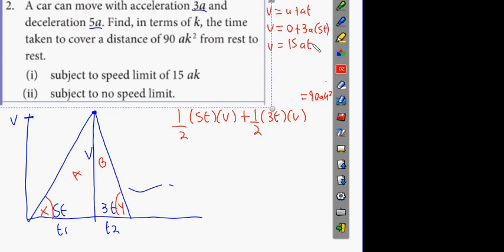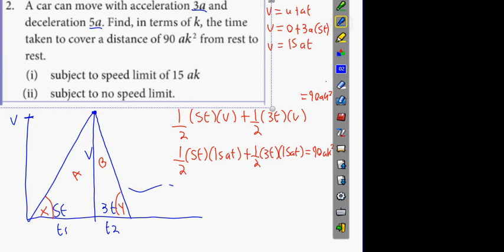Now, the a's will cancel. See the way there's an a on the other side, 90 a k squared. If I introduce a in for this, the a should cancel, so it shouldn't be a big deal whatsoever. So it's going to be a half 5t times 15at plus a half 3t times 15at again equals 90ak squared.